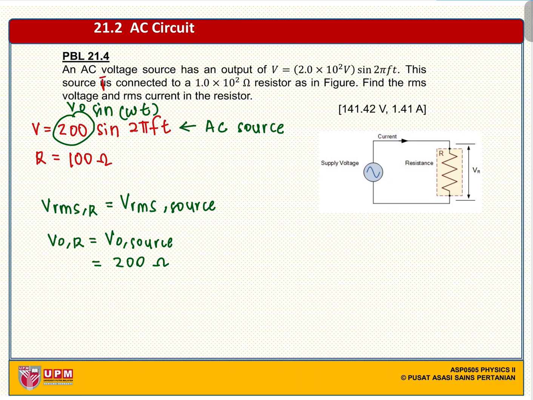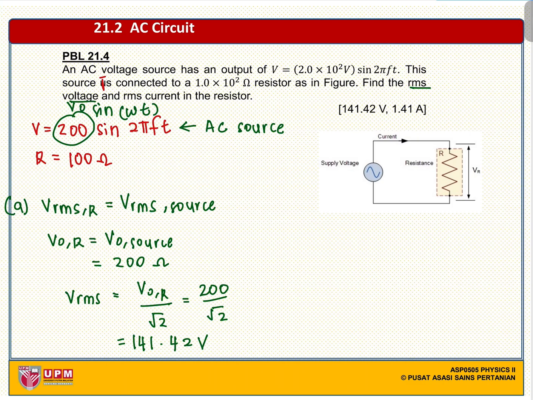But it asks for the RMS voltage. So VRMS equal to V0 over square root 2. So 200 divided by square root 2, you will get 141.42 volts. Okay, this is for A.